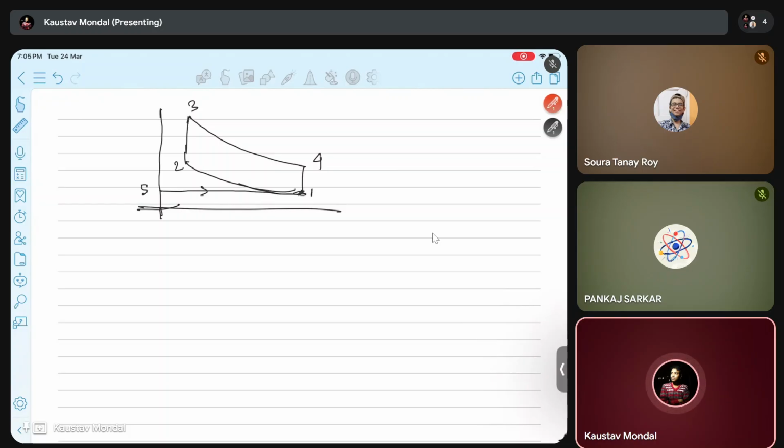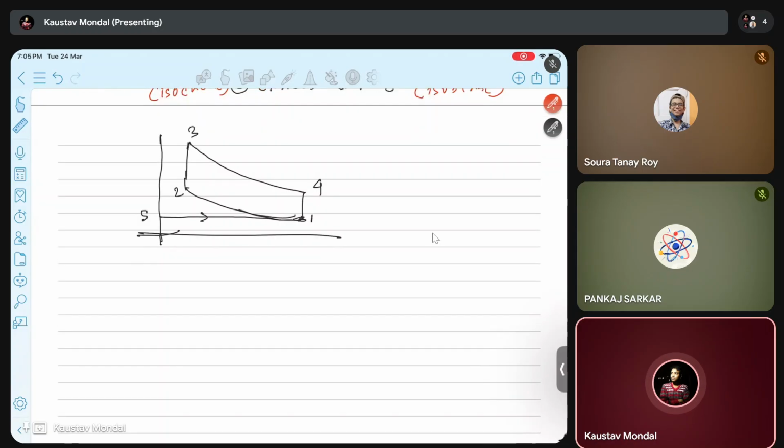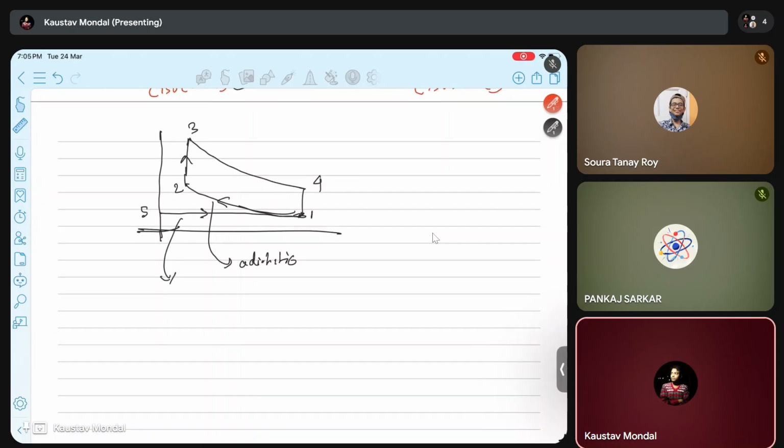So from 5 to 1, this is the intake stroke, which is isobaric. From 1 to 2, it's the compression stroke. This is the adiabatic process.